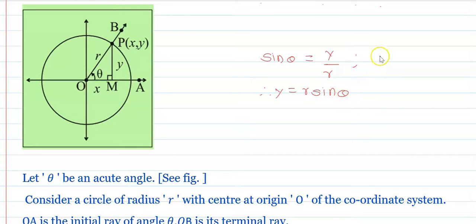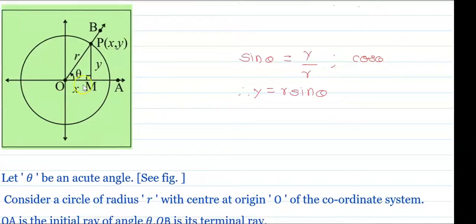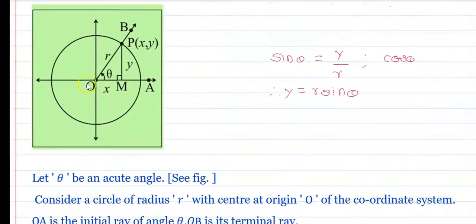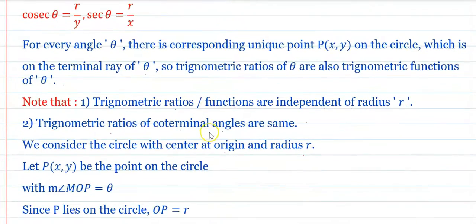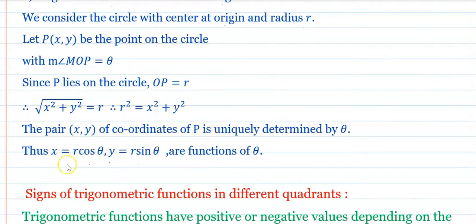And similarly, cos theta, from this triangle OPM, is adjacent side upon hypotenuse, that is equal to x upon r, and therefore x is equal to r cos theta. Now the next, thus x is equal to r cos theta, y is equal to r sin theta, are functions of theta.